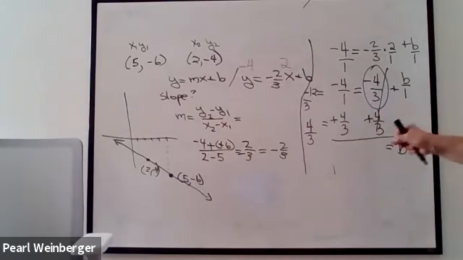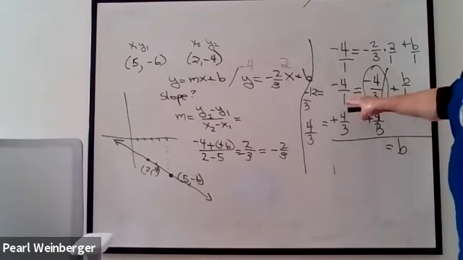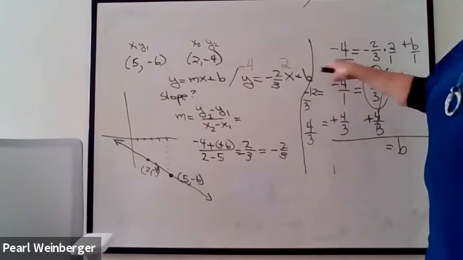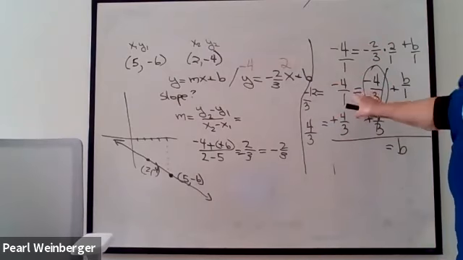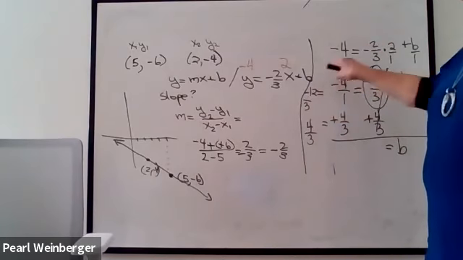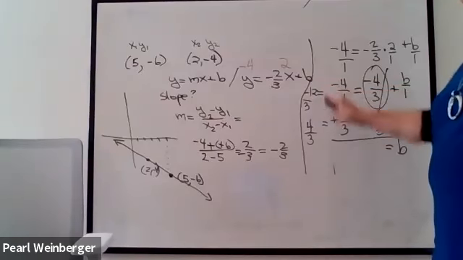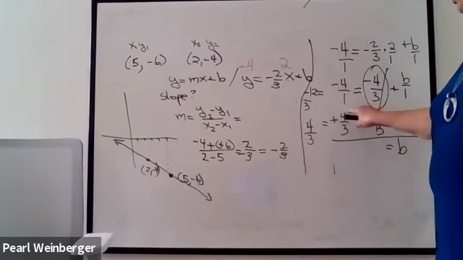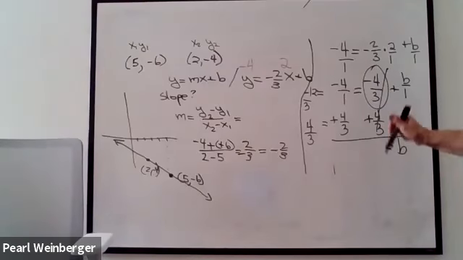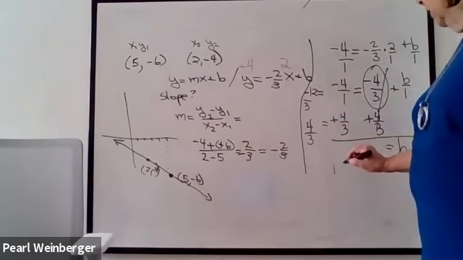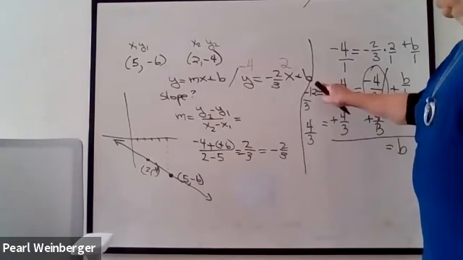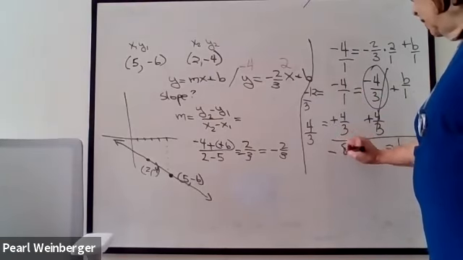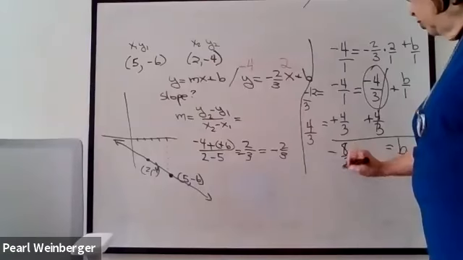Again, you take your old denominator, divide it into the new denominator, and multiply the numerator by it. I now have a common denominator, so I can combine them. -12 over 3 plus 4 over 3 is -8 over 3.